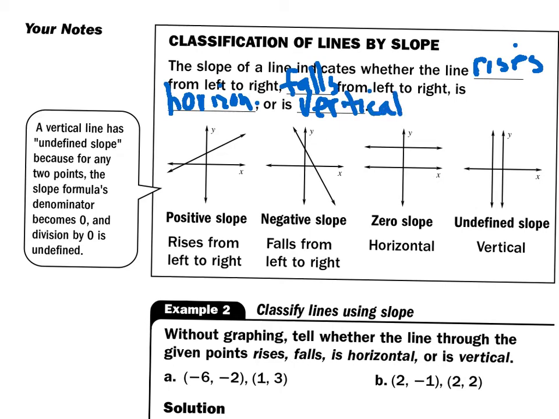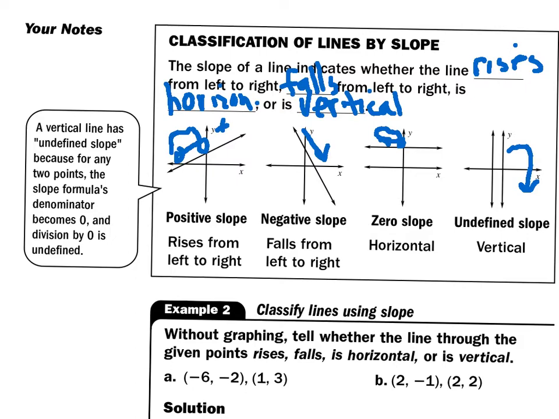So if you have a positive slope, always, and I'm very bad at drawing cars, but I always say if the car goes up the mountain, it's positive. If the car goes down the mountain, it's negative. If the car is going nowhere because it's flat, then it's 0. And if the car is falling off because it's straight up and down, it's undefined.